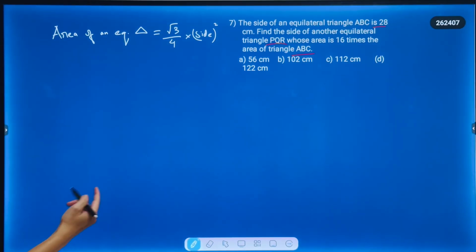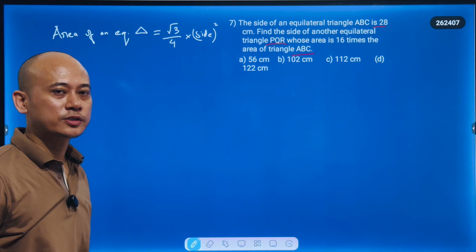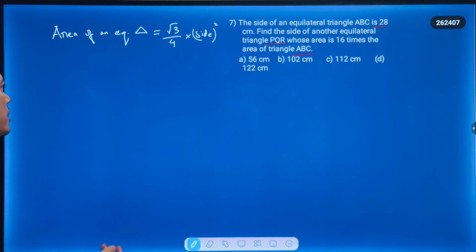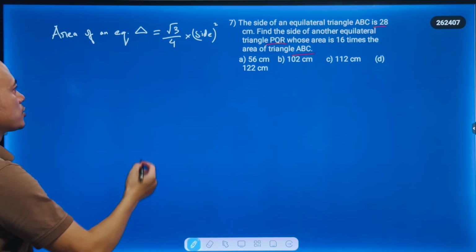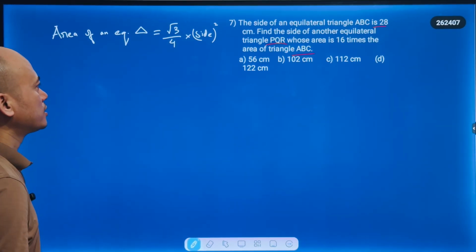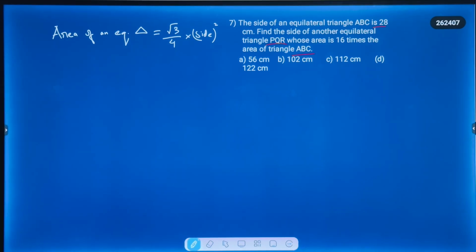Side square means, in an equilateral triangle all sides are equal. If you take one side as x, every side will be x or a or s, anything. So root 3 by 4 into side square.